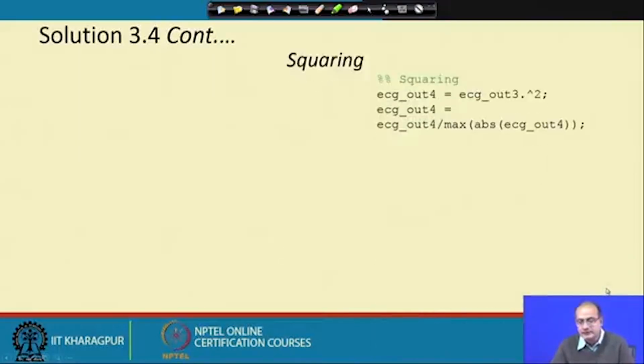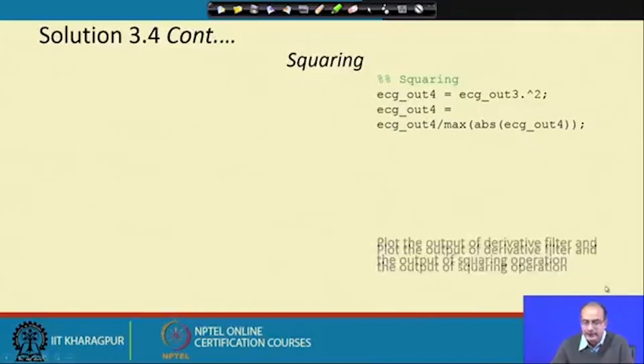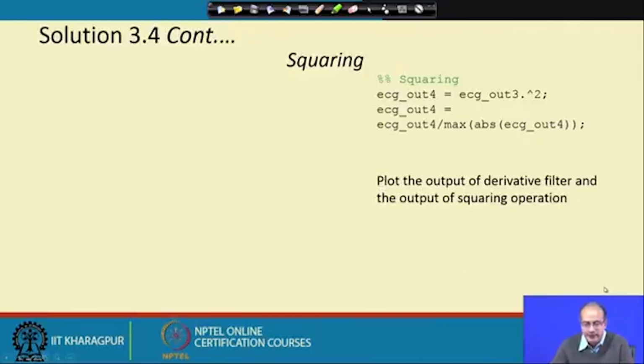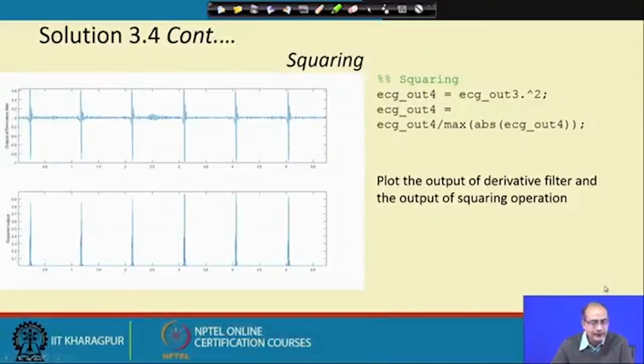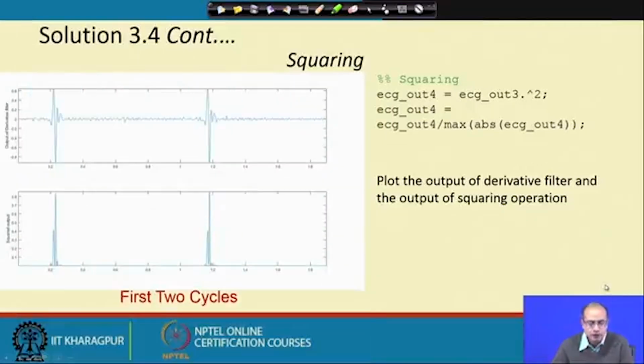The squaring operation is the next step. We take the pointwise square and we normalize it again, and with that what we get? We get a pulse like structure, everything becomes positive and it becomes a little jagged, which will be more clear when we look at only the first 2 cycles.